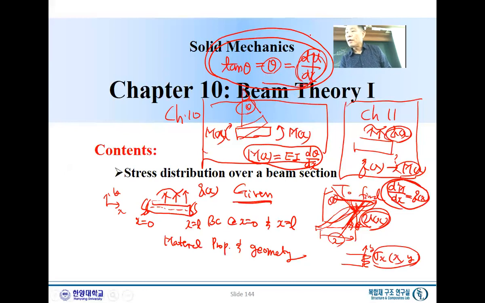So we combine all these three. This one and that, what do we have? Put this one into here. Then moment equals EI, and this is a theta, and now we have a twice derivative of V(x).